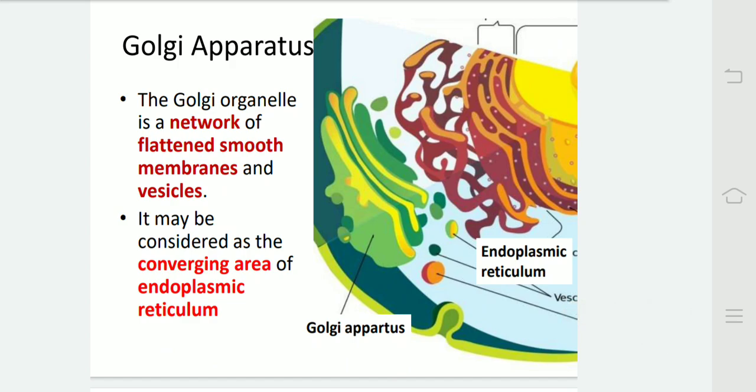Golgi apparatus. The Golgi organelle is a network of flattened smooth membrane vesicles. It may be considered as the converging area of endoplasmic reticulum. While moving through the endoplasmic reticulum, carbohydrate groups are successively added to the nascent proteins. The glycoproteins reach the Golgi area.